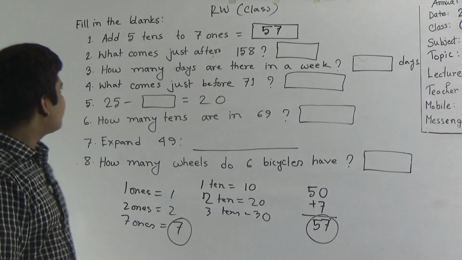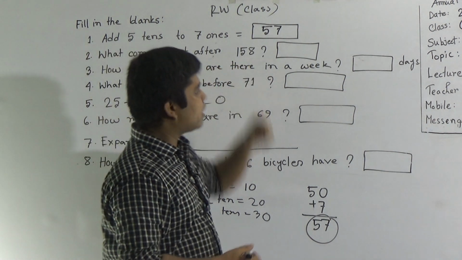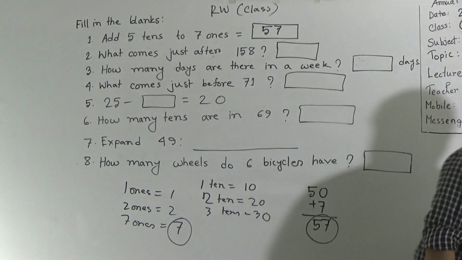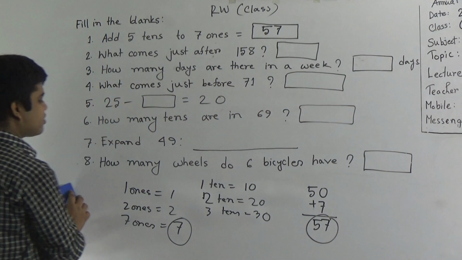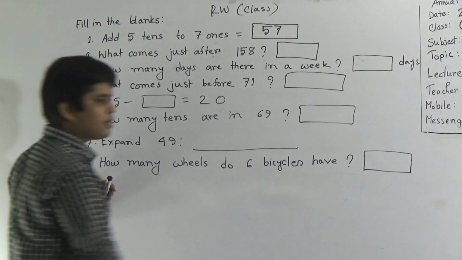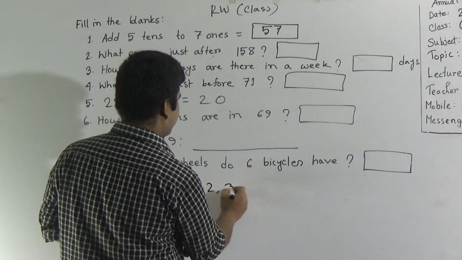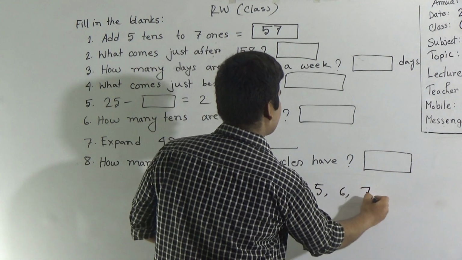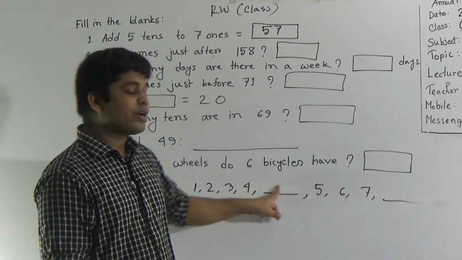Okay, next question: what comes just after 158? My dear students, before starting to solve this, at first we want to know what the just after number is. Just after number means next number. Notice 1, 2, 3, 4, and what is the next number?